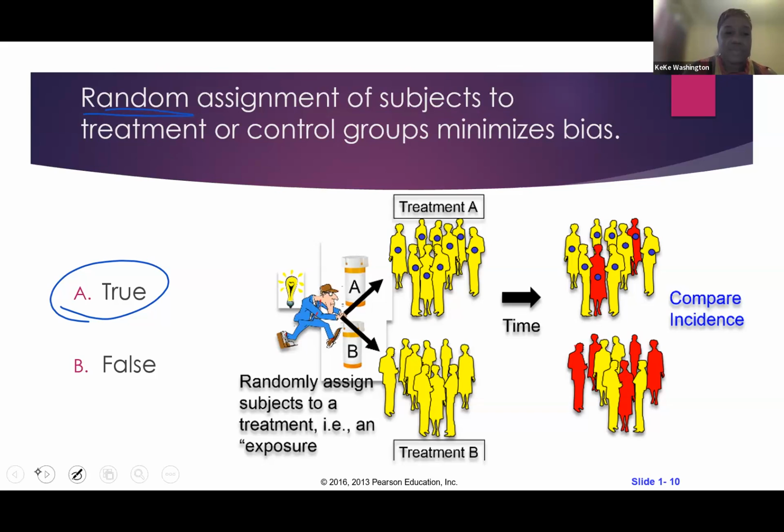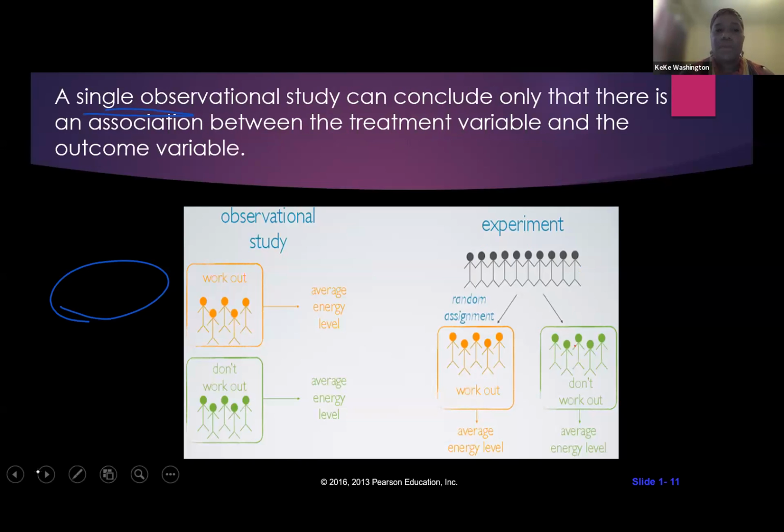The next thing, after we get the random assignment to the treatment and the control groups, if you don't see that, that's observational, as you can see here. We got that random assignment going. If all I'm doing is just a comparison, that's not a controlled experiment.